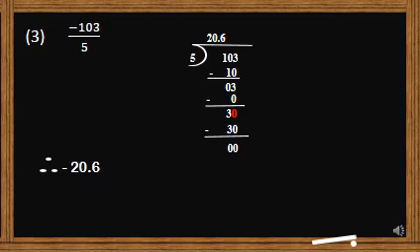Here the remainder is 0, which means the question will not repeat. If the remainder extends, then the question will also extend. I hope you all are clear with this sum, and the rest of the sums are homework for you all.